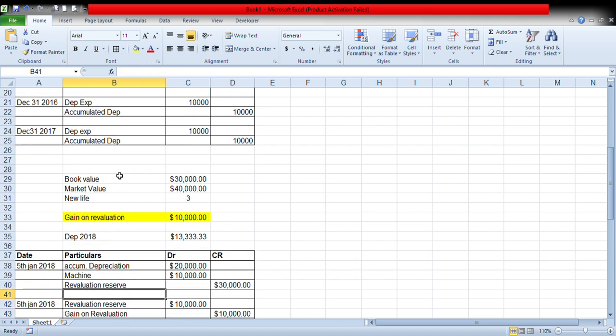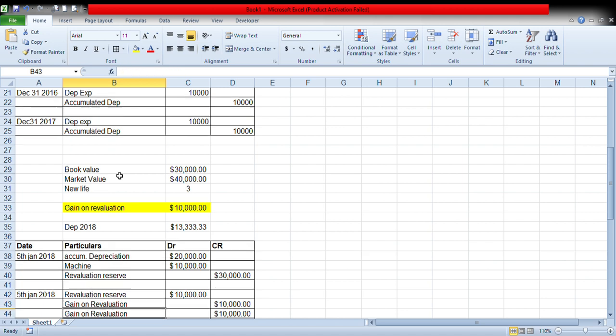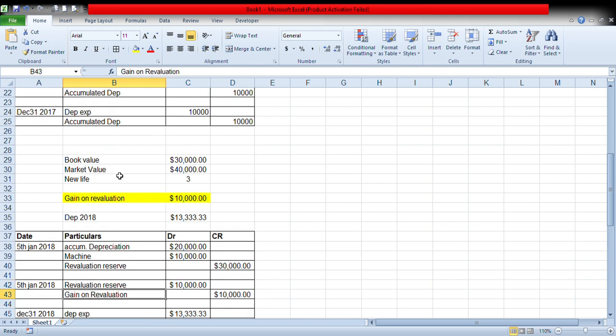As we know, we have gained on revaluation, so we need to record revaluation reserve debit, gain on revaluation credit. If we earn a loss, the entry will be loss on revaluation debit, revaluation reserve credit. But here we have to record the gain on revaluation. Remember, when we make the closing entries, we have to close the gain.